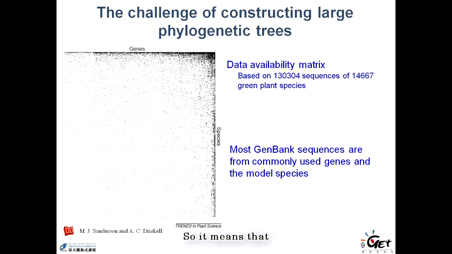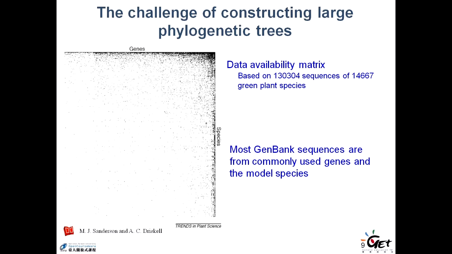So it means that even if you want to combine the data, you will have some problem. And if you want to do some studies, you are very likely to face a lot of missing data in the middle. And how are you going to combine it? There will be a huge challenge.